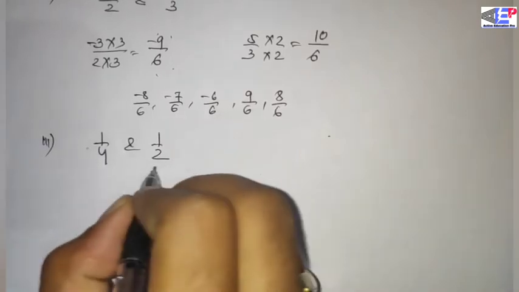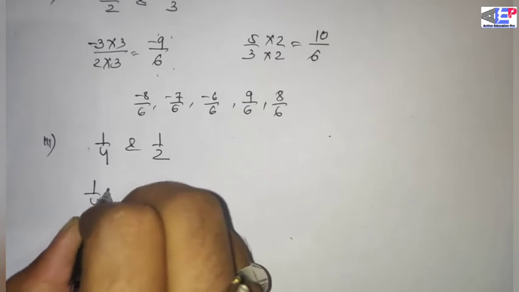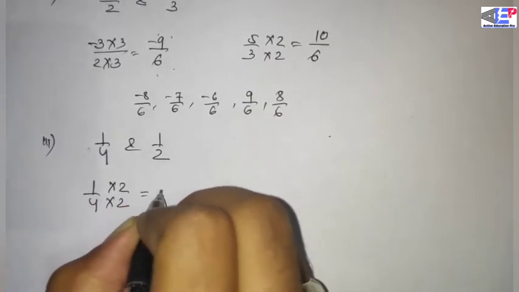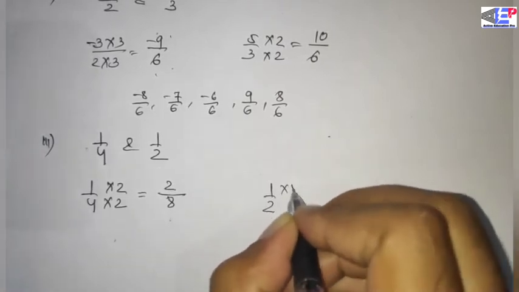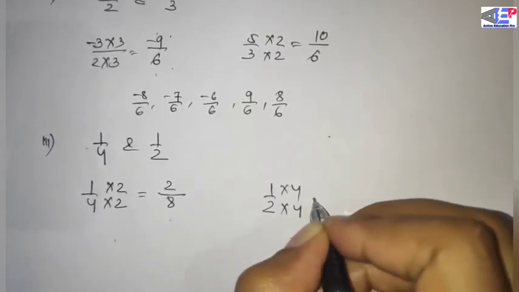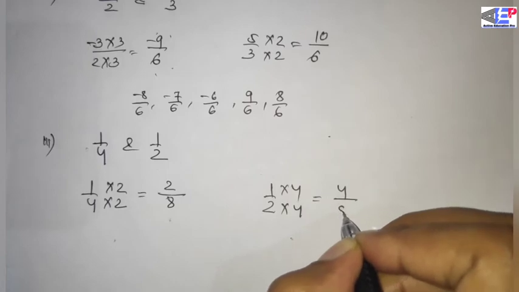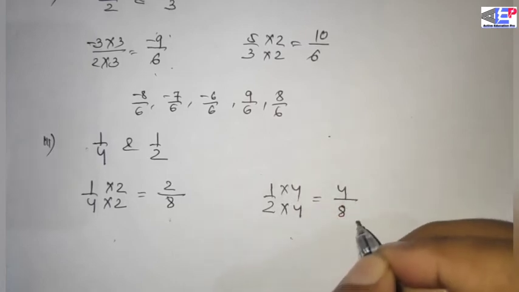In this case both have different denominators, so make them equal. I am multiplying 2 with 1 by 4, numerator and denominator. It will become 2 by 8. And 1 by 2, 4 into 4, it will become 4 by 8. 2 by 8 and 4 by 8.